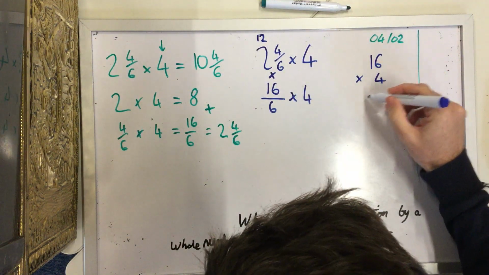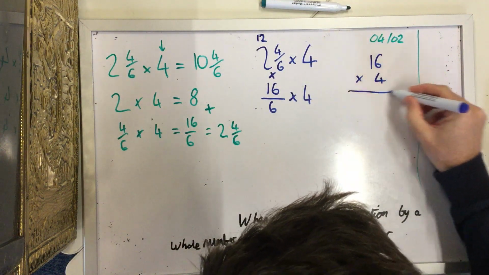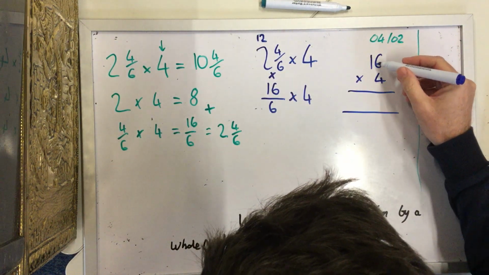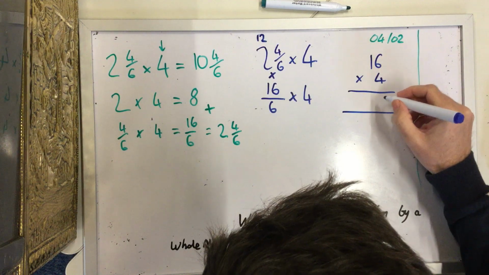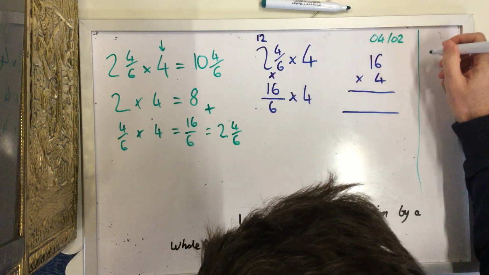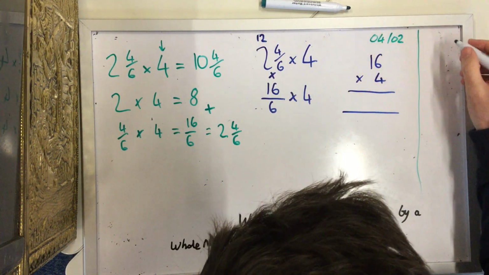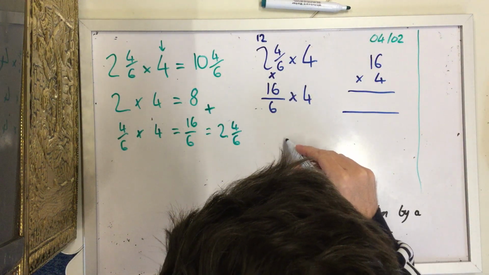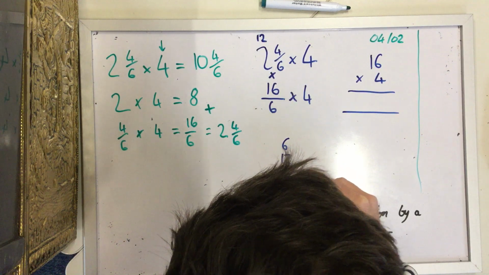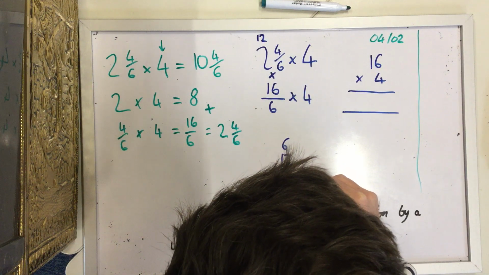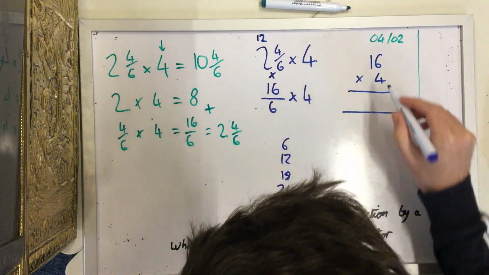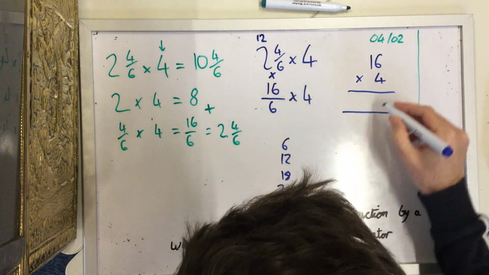I'm going to show you this way, just a quick reminder how to do column multiplication. So we've got 4 times the 6, which is our 6 times table. We'll run out of room, let's do it down here. 4 times 6, so we've got 6, 12, 18, 24. So 4 times 6 is 24.